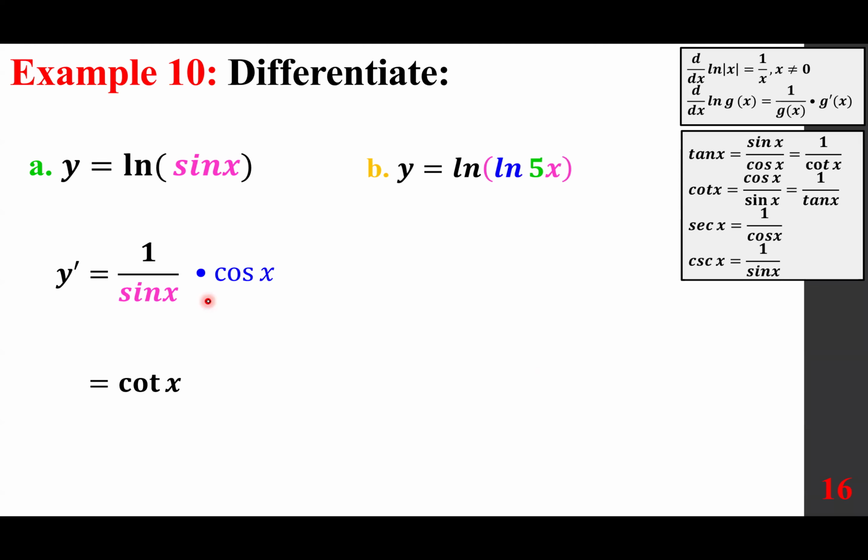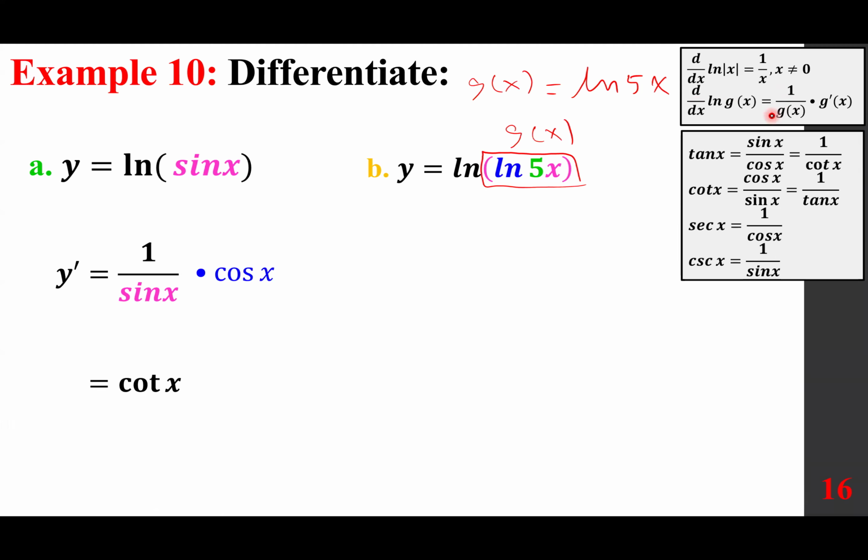Y equals ln of 5x. If it helps, write this one as g of x. In other words, g of x equals ln of 5x. Now we're going to go with this formula, 1 over g of x.